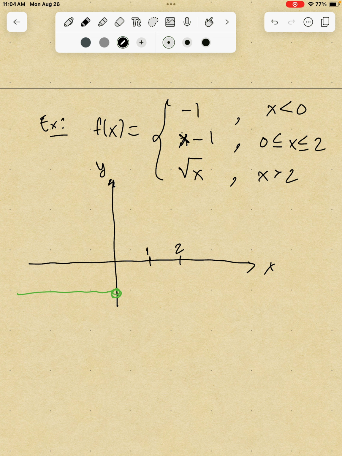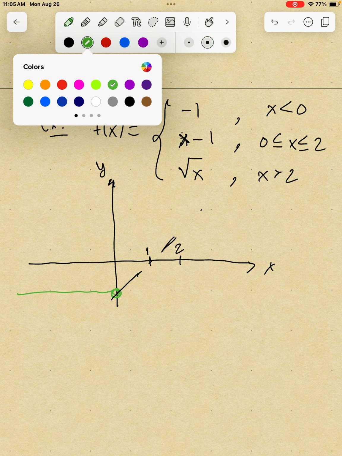But if you want, you can just graph y equals x minus 1 like this, right? And then you only keep this line between 0 and 2, when x is between 0 and 2. So then I can just erase this part and just keep that. I don't necessarily recommend this, but if you wanted to, you could do that.